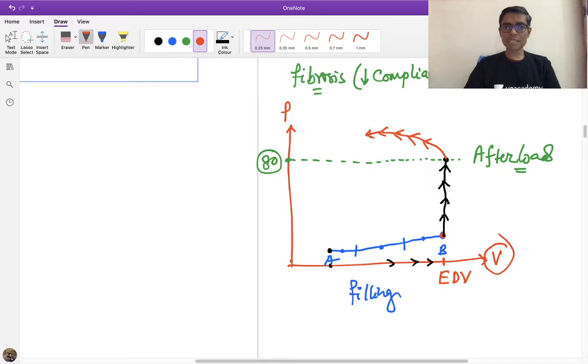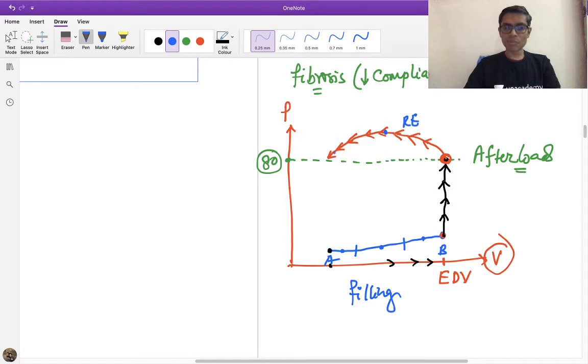During the slow ejection phase, the volume is decreasing. Along with that, pressure is also decreasing. So basically, after the opening of the semilunar valve here, the ejection is occurring. During the rapid ejection phase, volume is decreasing but the pressure is rising within the ventricle.